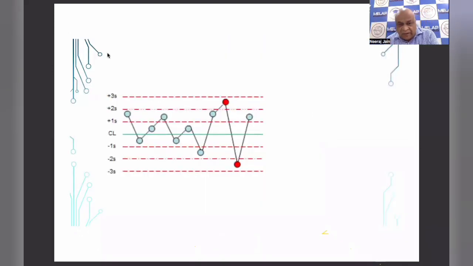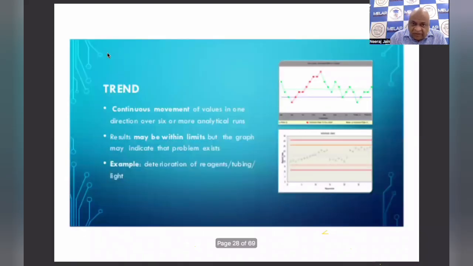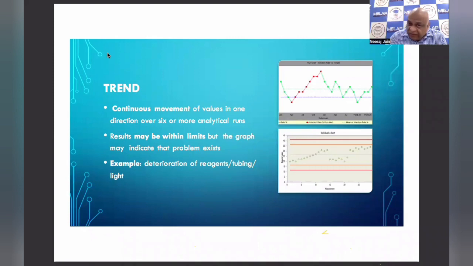Now see this, R4S variation. This is not an acceptable situation. And what is trend? Look at this. These red dots, values are increasing in one direction. This is called trend.